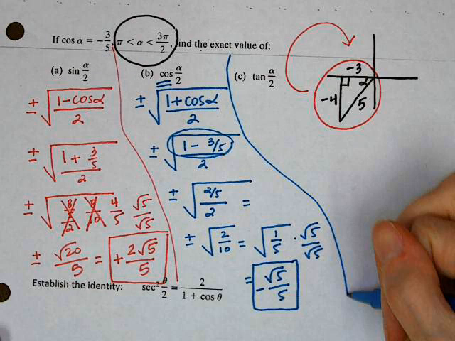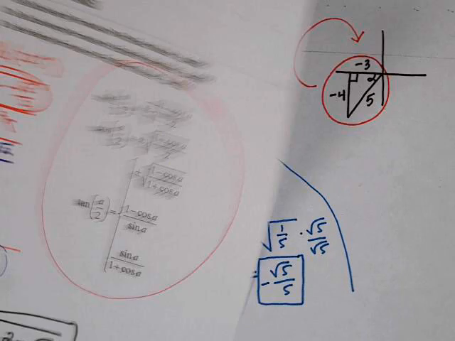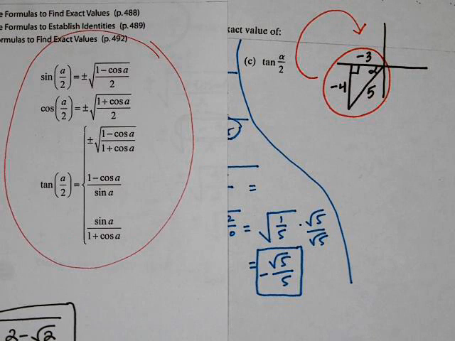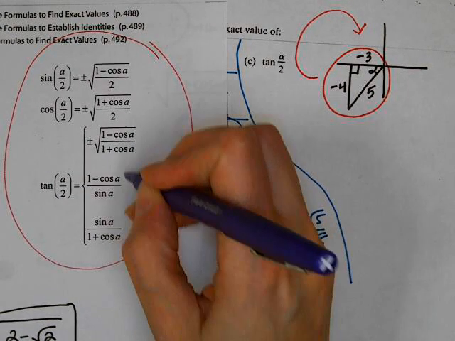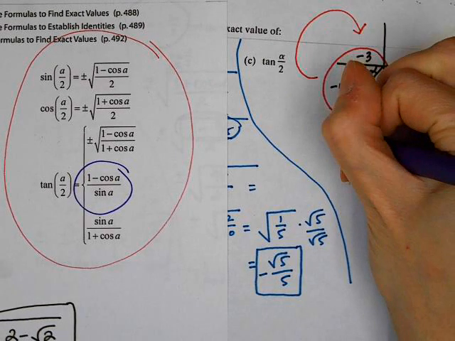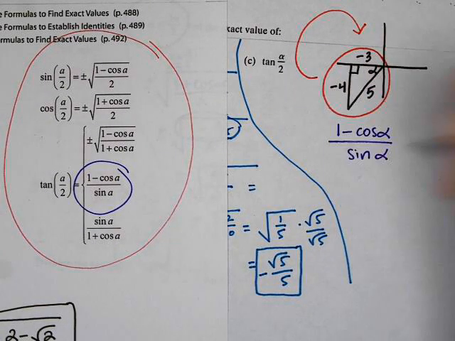All right, let's do tan. So tan's half angle formula is, oh, you have 3 choices. Which one do you guys want? Doesn't matter at all. I'm going to use this one. Why not? So it's 1 minus cosine alpha over sine alpha.